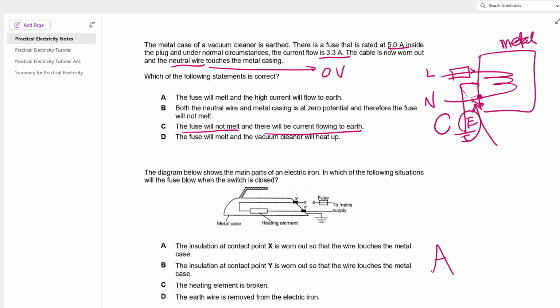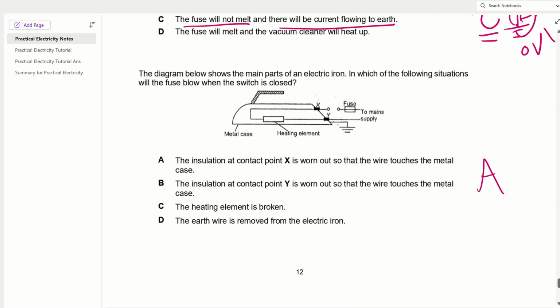But this is just the returning path. That means the fuse will not experience an excess current that is more than its fuse rating. So the answer is C. The fuse will not melt, but there will be current flowing to earth because it is at the same potential as the neutral wire.